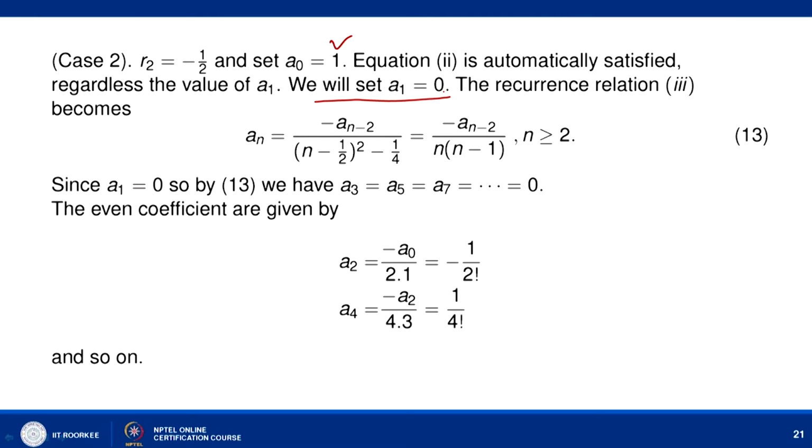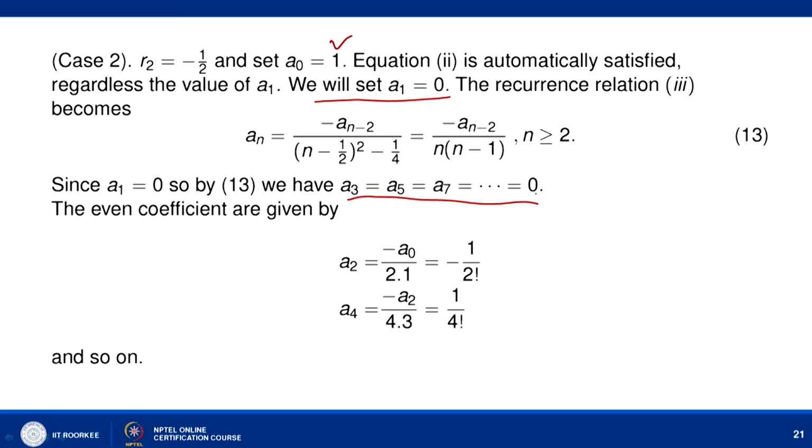Now let us find out the solution corresponding to r2 equal to minus half. Here the problem which we were discussing is not occurring, because the right hand side is already 0. So I can choose any value of a1, and we have taken a1 equal to 0, and by the recurrence relation all the odd terms are 0.